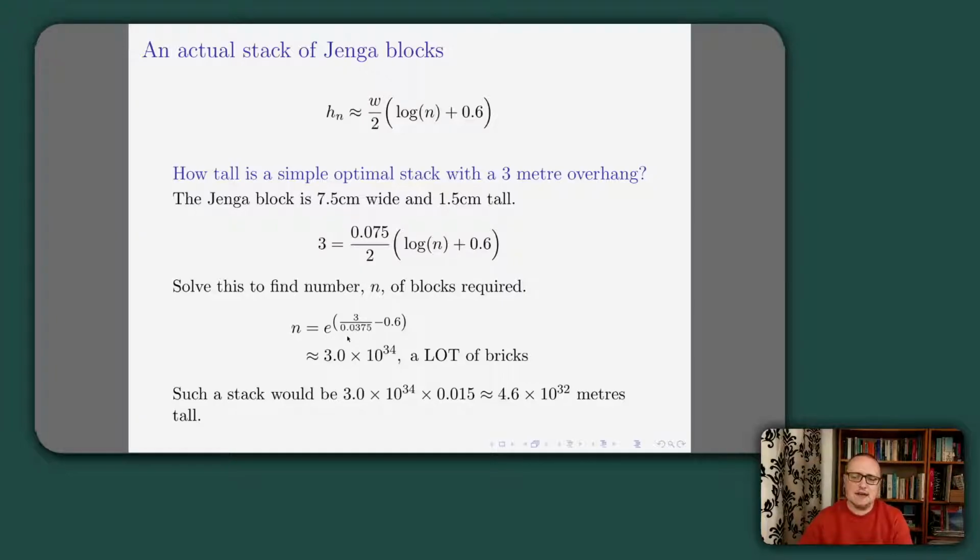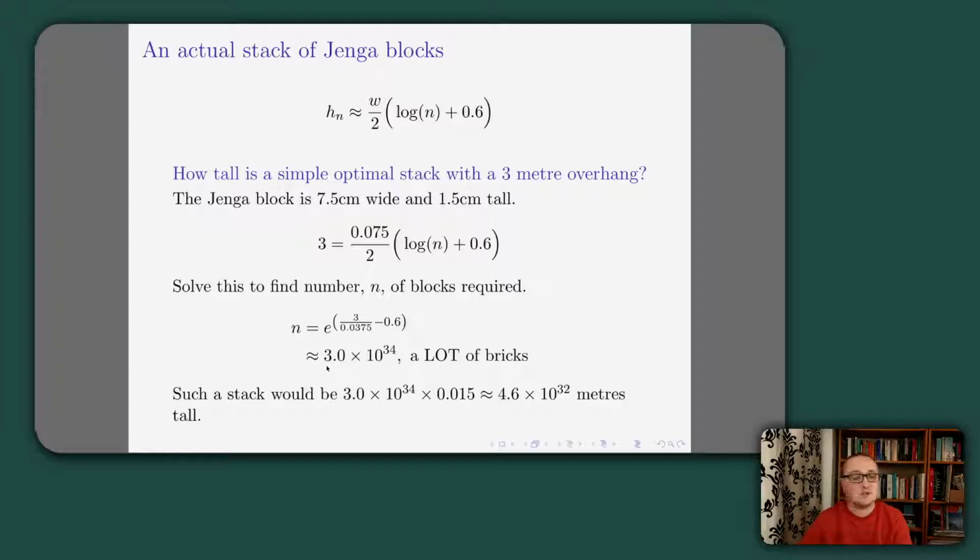If you actually work this out, you see you're going to be taking the exponential of quite a large number here, because we're dividing 3 by 0.0375, which is half of 0.075. This will work out as approximately 3 times 10 to the 34.